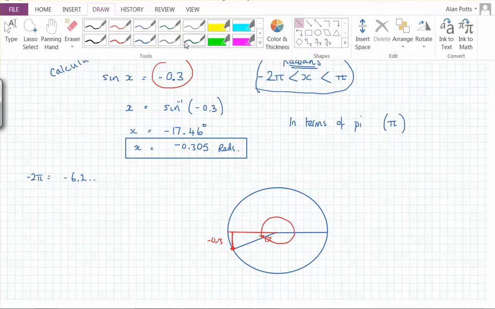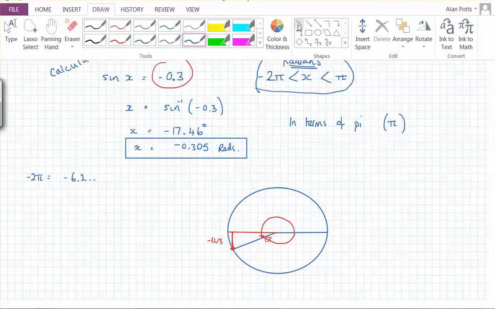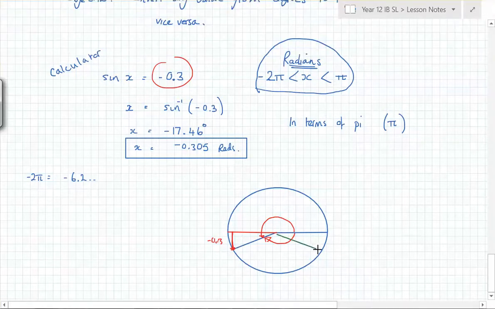Where's the first one? So it's here, isn't it? Over here. So this is the negative 0.3 that I worked out. And this angle here is what? Minus 0.305 radians.